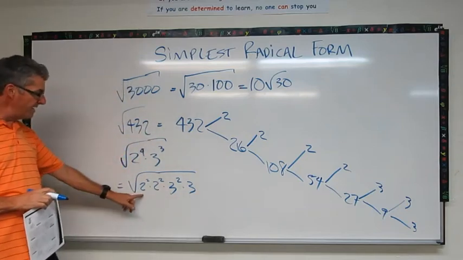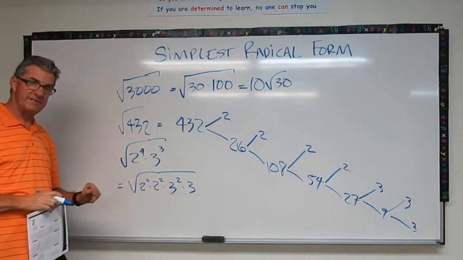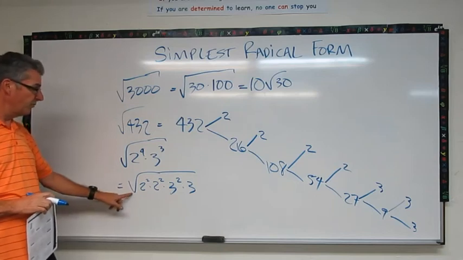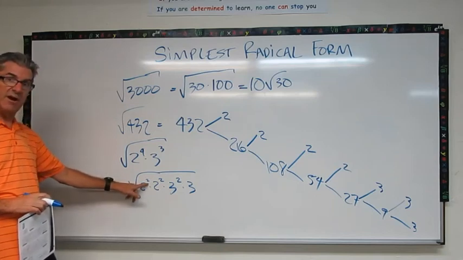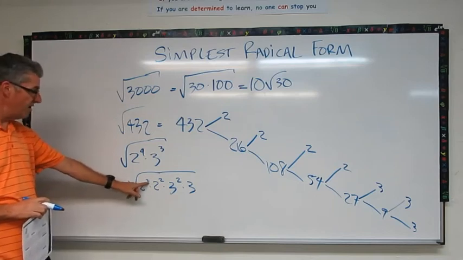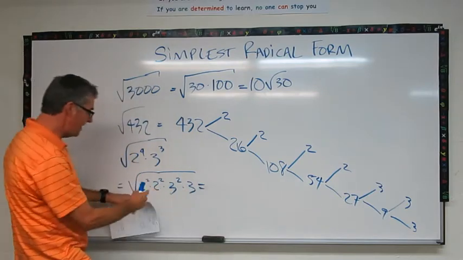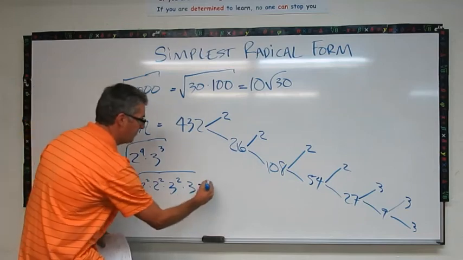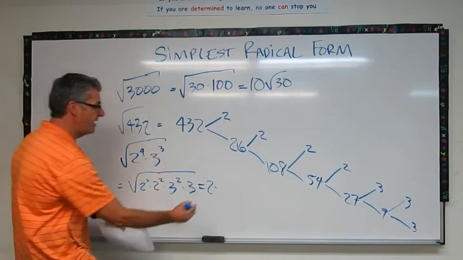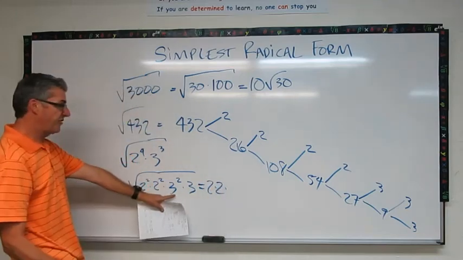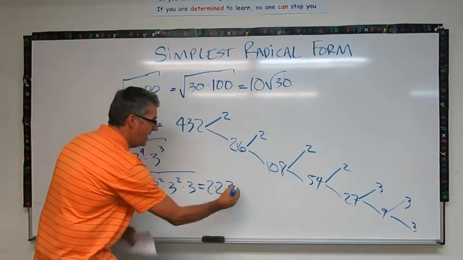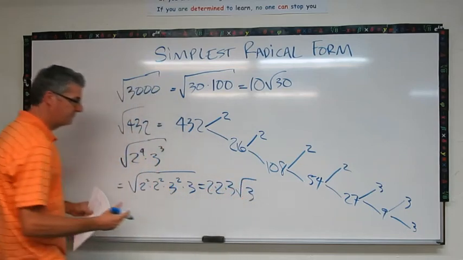Now think, why am I grouping it by squares? Well, the square root is the opposite of squared. So 2 squared comes out as its 2. So I'm going to have a 2 come out for that. I'm going to have another 2 come out for that. I'm going to have a 3 come out for that. And then I have my last 3.